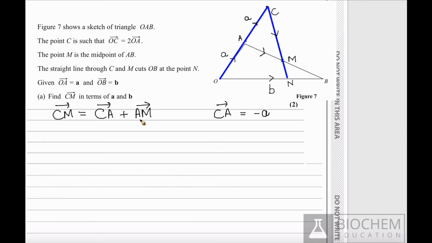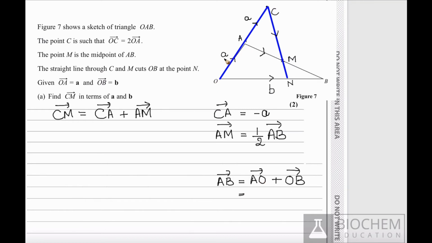Now we come on to the AM vector. AM vector is actually half AB vector because M is the midpoint. So we can write down AM vector on the side equals half AB vector. Now, what is AB vector? Do we have AB vector? We will have to find this AB vector by saying that AB vector equals AO vector plus OB vector. Now, what is AO vector?